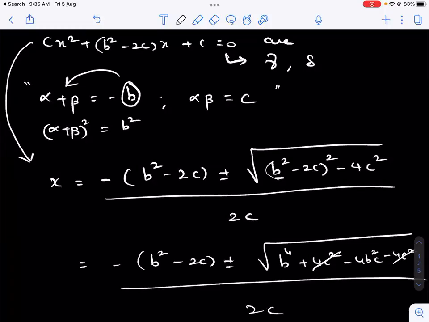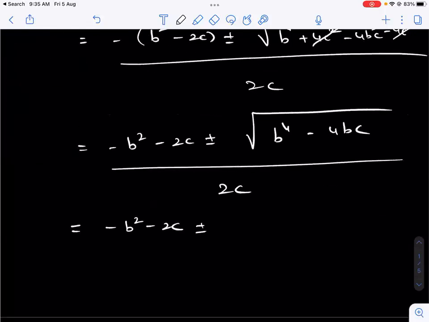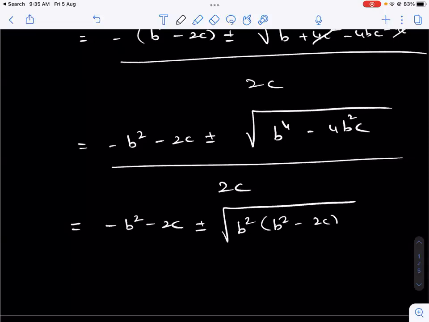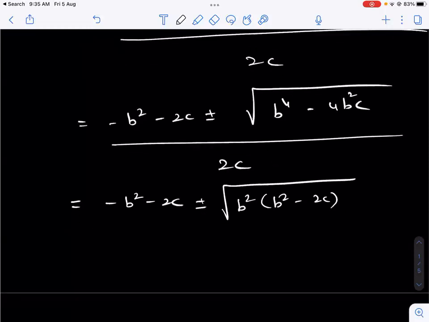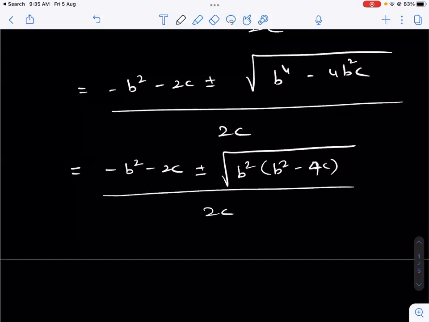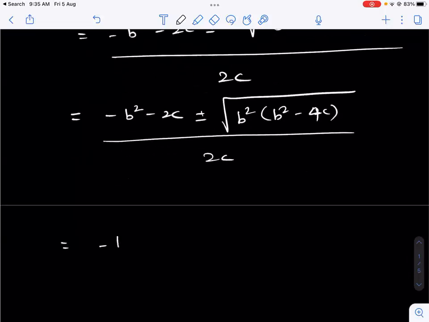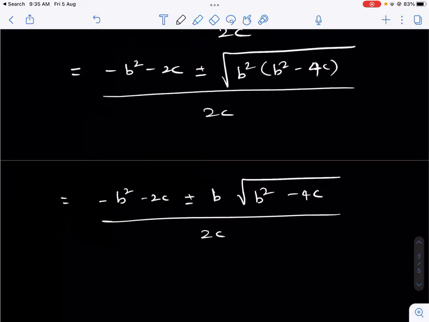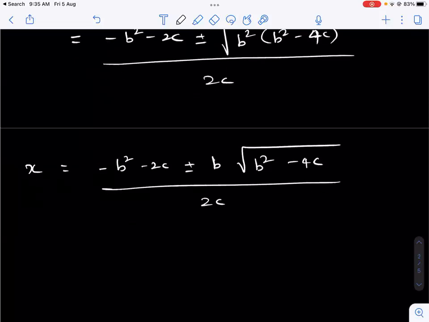If I take the b square outside, I'll get b square minus 4c, the whole divided by 2c. So this will be equal to minus (b square minus 2c) plus or minus b into root of b square minus 4c, divided by 2c. This is what is x.